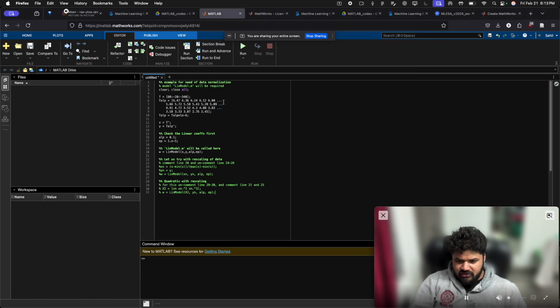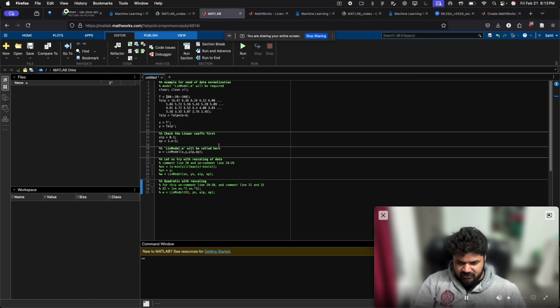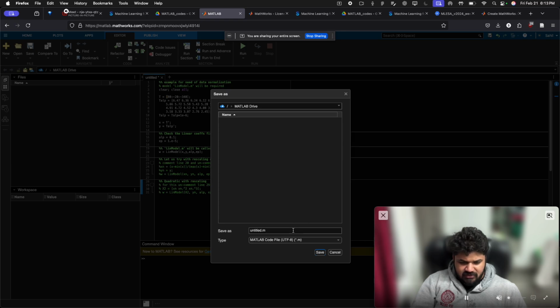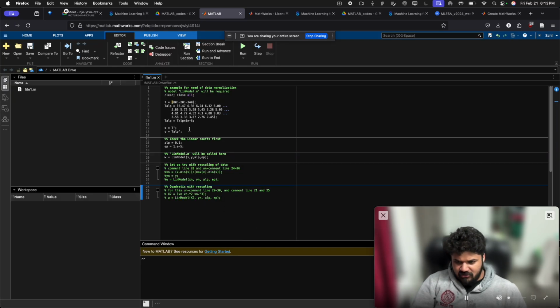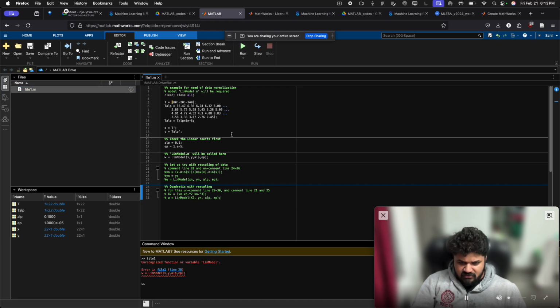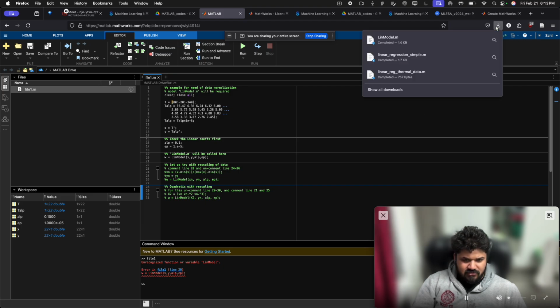Wait, I got it. I have this script, I have pasted it here. I'm saving it as file1.matlab, okay? Now I have to run this code, right? So let me run it. Unrecognized variable model. Ah, it requires all 3 files, I think.